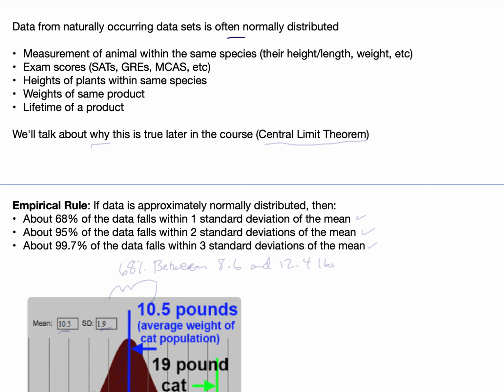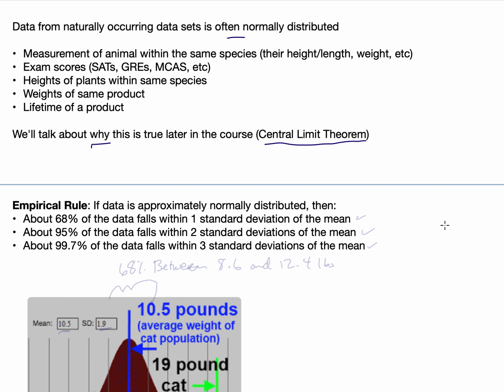Similarly, the lifetime of a product, like how long a Prius battery lasts before it goes dead, would also fall into a normal distribution. We'll talk about why this is true later in the course. Basically, this can be explained by the central limit theorem. And we'll talk about normal distributions in general quite a bit when we talk about continuous distributions in a few weeks.